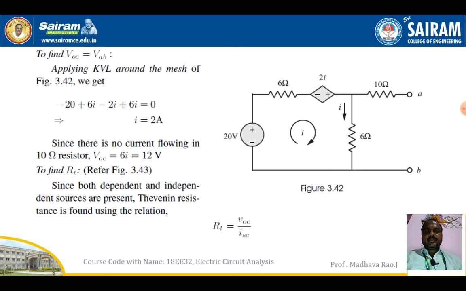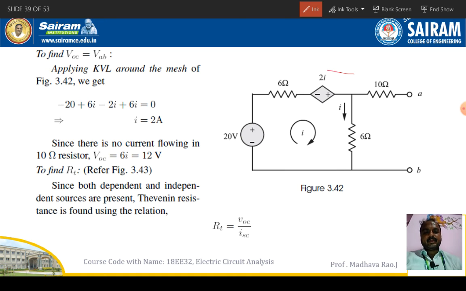So find VAB is equal to VOC. So open circuit voltage we have to find out across 6 ohm resistor. So apply KVL to this loop. So minus 20 equal to current we have assumed is I current.